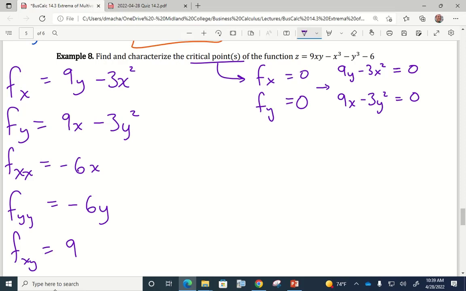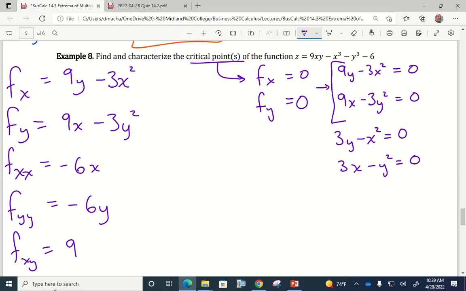So we're going to have to simplify this just a little bit. I'm going to divide both equations by 3. If I rewrite these down here, the first one's going to be 3y minus x squared equals 0. The second one will be 3x minus y squared equals 0. So the equations are still balanced because 0 divided by 3 is still 0.